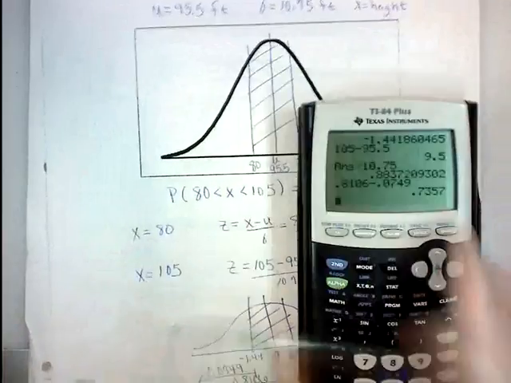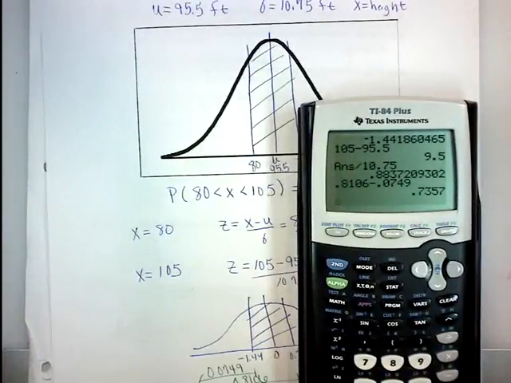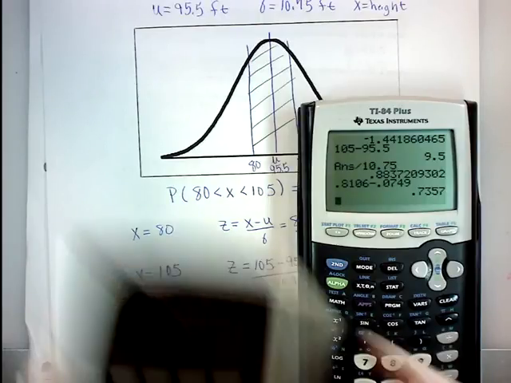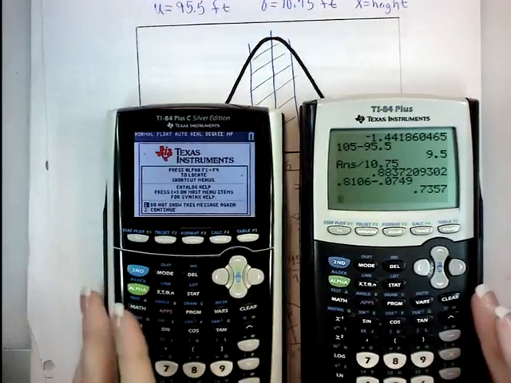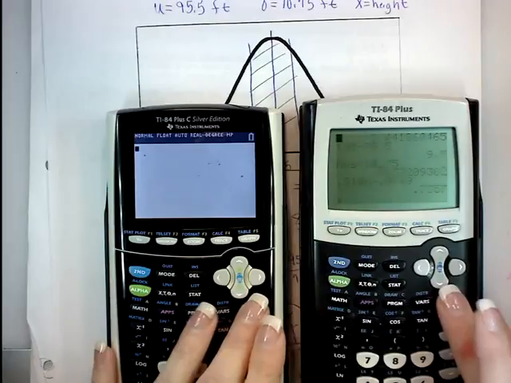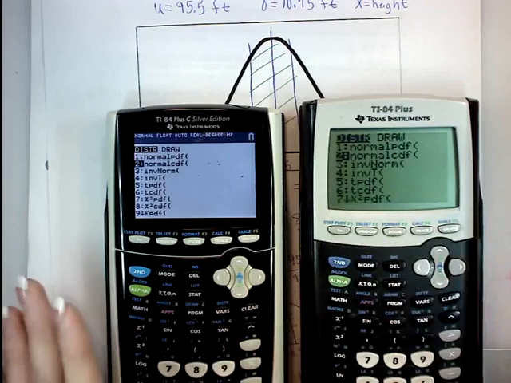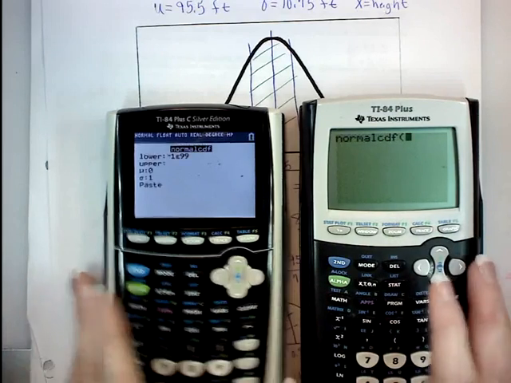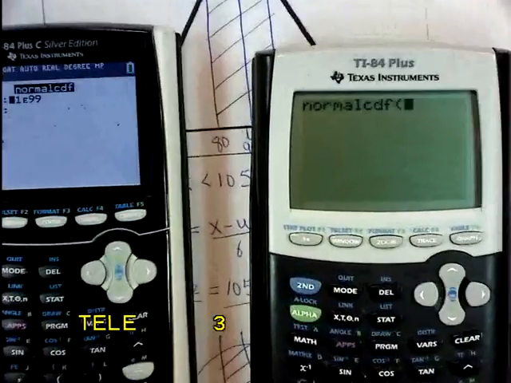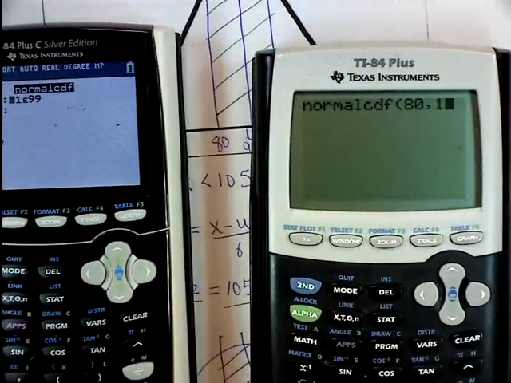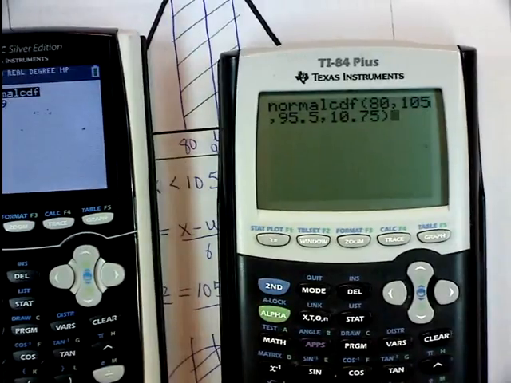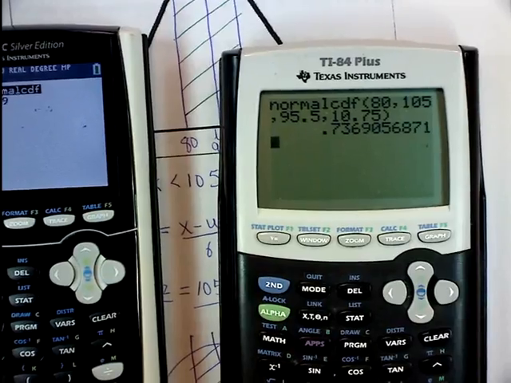Calculator, with both versions of the calculator on the document camera. You would go to second variables, number 2, and with the older edition of the calculator, you will put in 80, 105, 95.5, 10.75 in that order, and press enter. 0.7369 by calculator.